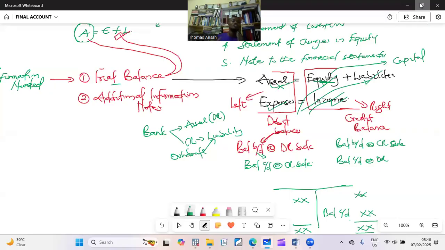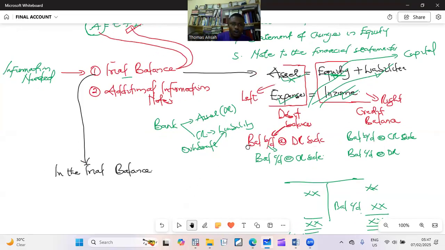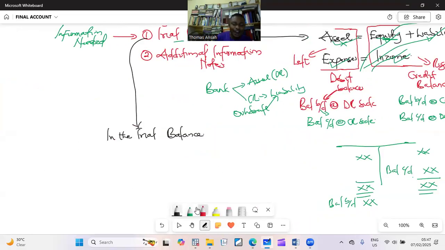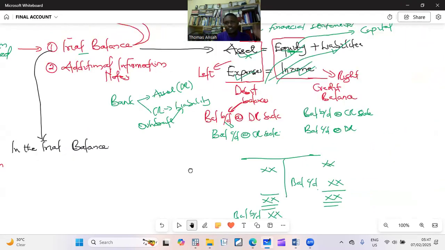Now, there are two things that I'm going to say about the trial balance. You need to write it down. In the trial balance, all the income that you see, all incomes, you should know incomes by now from the very first lecture.